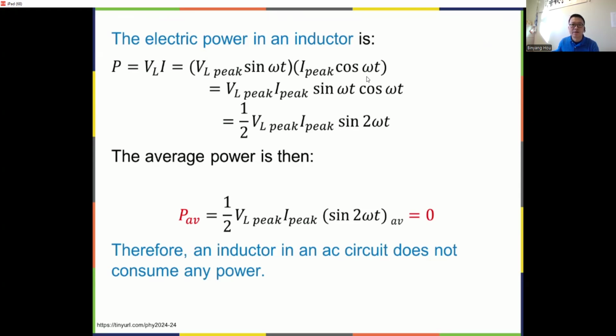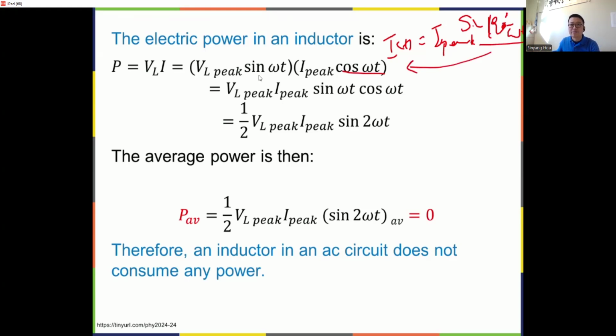The current is a cosine function, because originally I as a function of t is V peak over XL, but we can just use I peak times sine of 90 minus omega t. And sine of 90 minus omega t actually is cosine of omega t. So that becomes that.